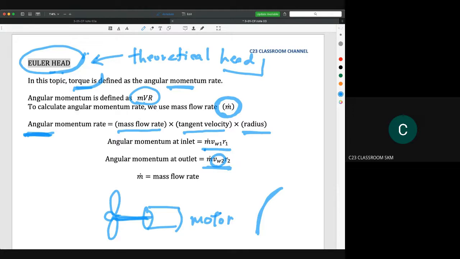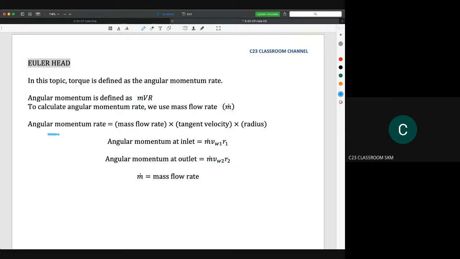We have the actual flow like this one, and the angular velocity for this component is the v1, or v2. That is why we use the velocity of whirl to calculate the angular momentum. Please remember this equation.